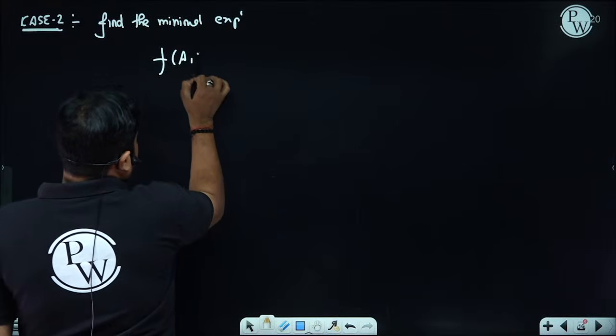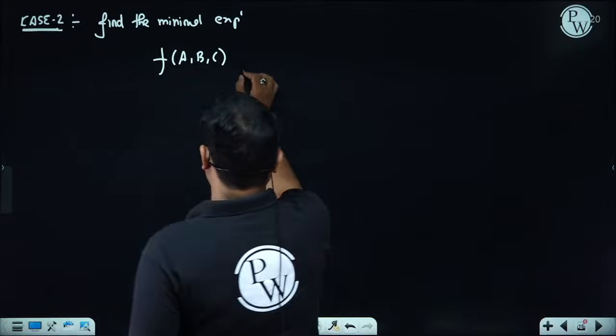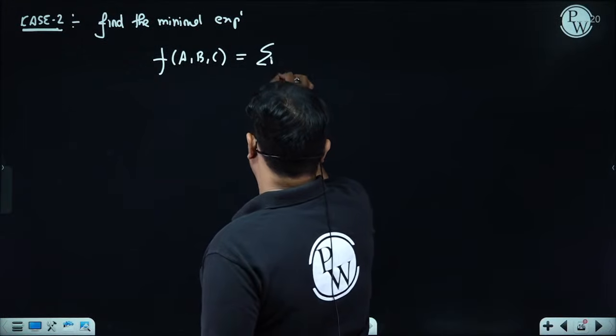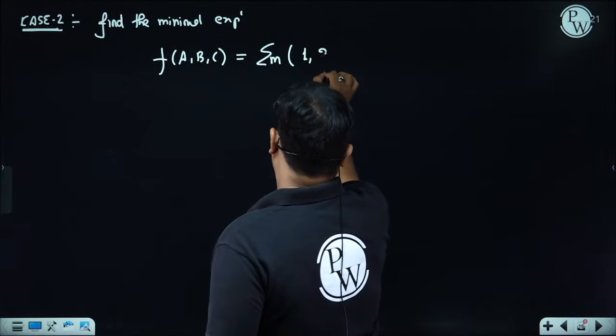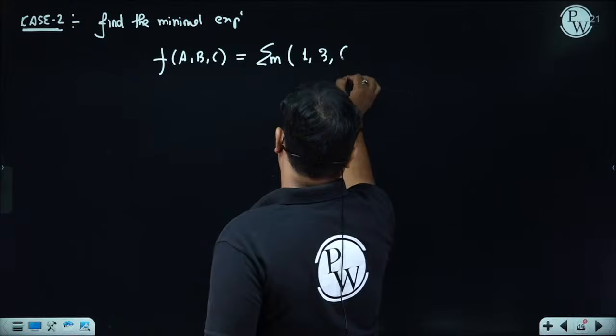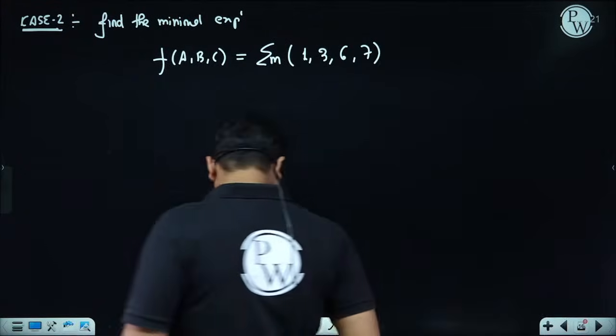A function of a, b, c is given to you as summation of m: suppose we have the function 1, 3, 6, 7. Can you find the minimized expression for this function, beta ji?